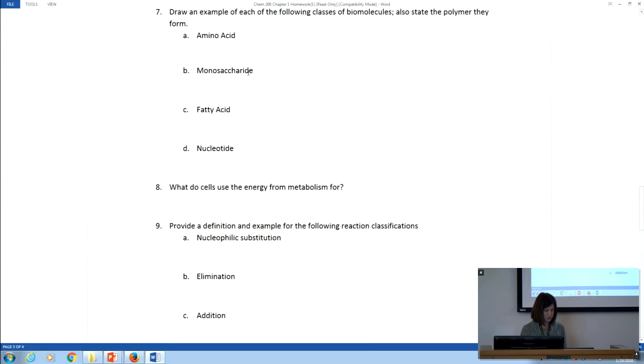What do cells use the energy for metabolism for? Growth. I had that list, right? What are we using the energy for?